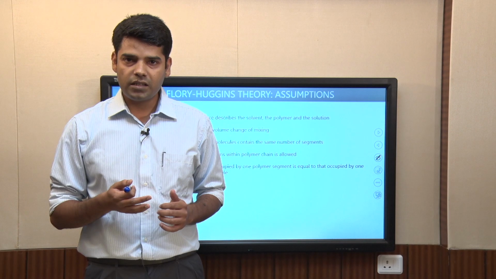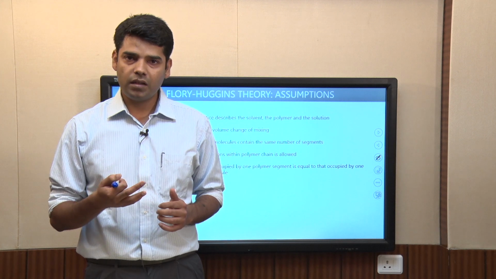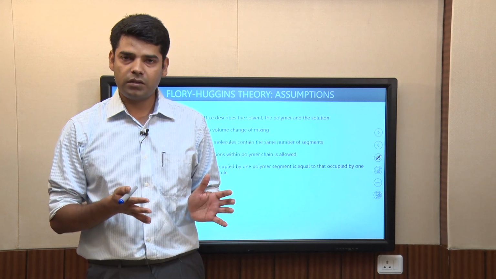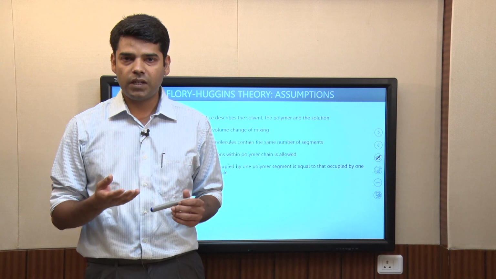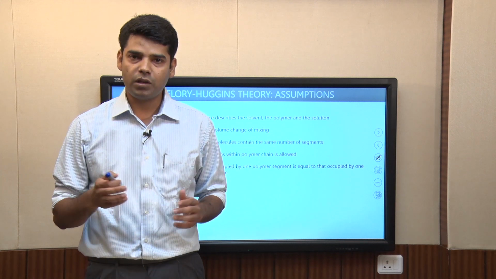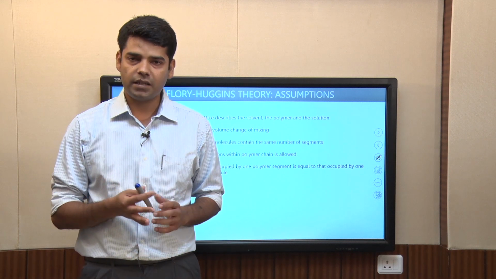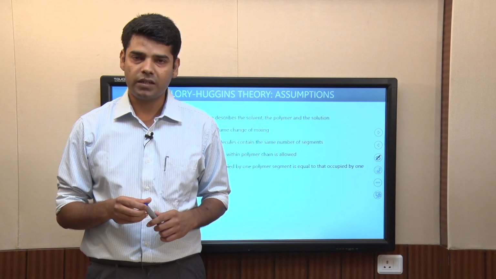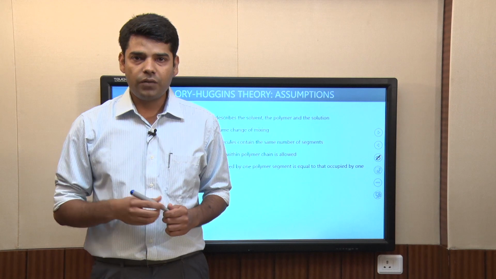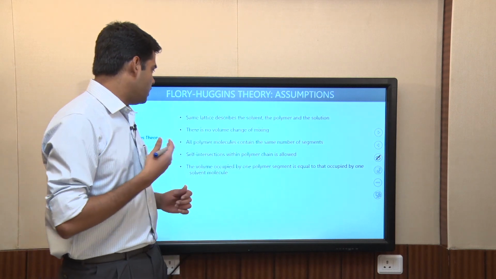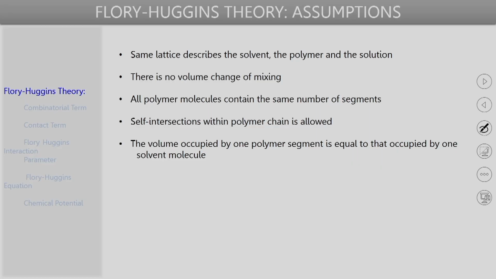A key assumption here is that for describing the arrangement of pure solvent molecules, pure polymer molecules and the polymer solution, the same kind of lattice is used in Flory-Huggins theory.